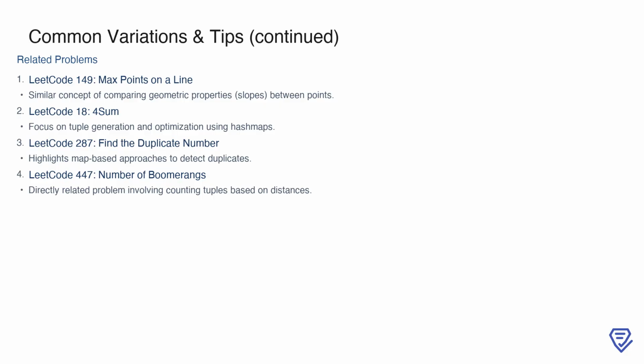Additionally, LeetCode 287, Find the Duplicate Number, emphasizes the use of map-based strategies to detect duplicates, which parallels some aspects of handling duplicate distances in the number of boomerangs problem. And of course, LeetCode 447 itself is a direct example. Revisiting and practicing these problems can help you solidify your understanding of tuple generation, distance-based computations, and optimization techniques.